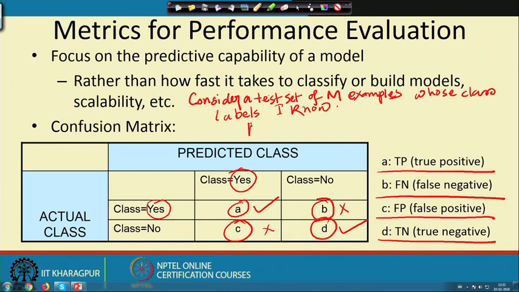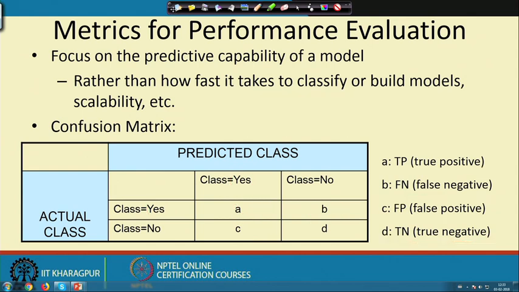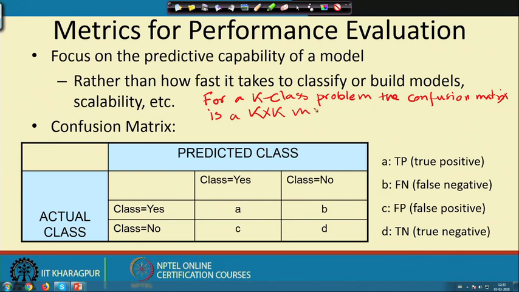You can also easily think that m equals the sum of these. All right. So, this is the fundamental. We can easily extend this: along the rows is actual and along the columns is predicted.